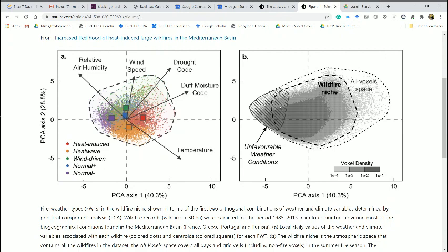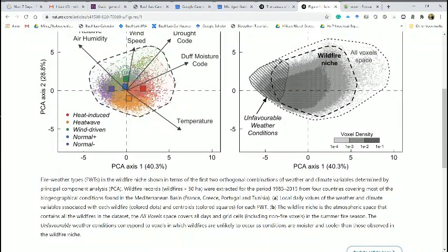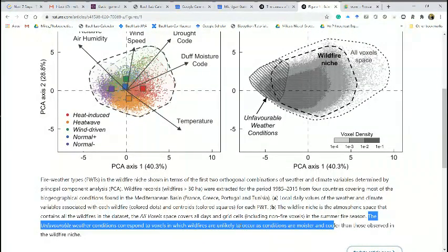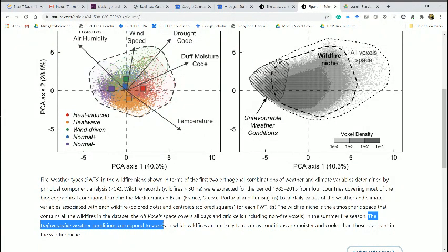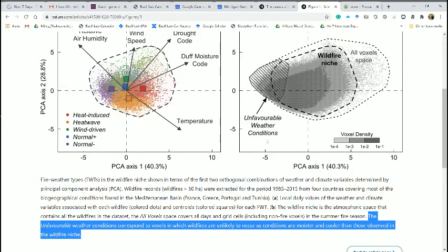And they circled unfavorable weather conditions here. What does that mean? Okay, so unfavorable weather conditions correspond to voxels in which wildfires are unlikely to occur as conditions are moister and cooler than those observed in the wildfire niche. Okay, so they mean unfavorable to start wildfires.